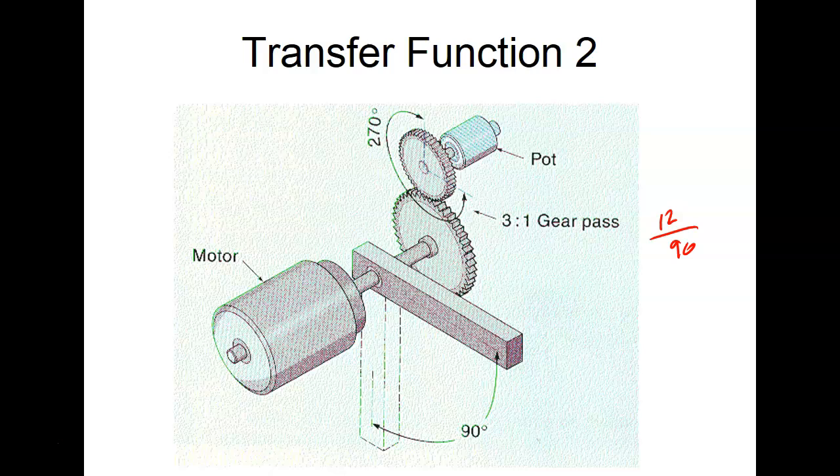So what would our transfer function be? 133 millivolts per degree. It keeps repeating.